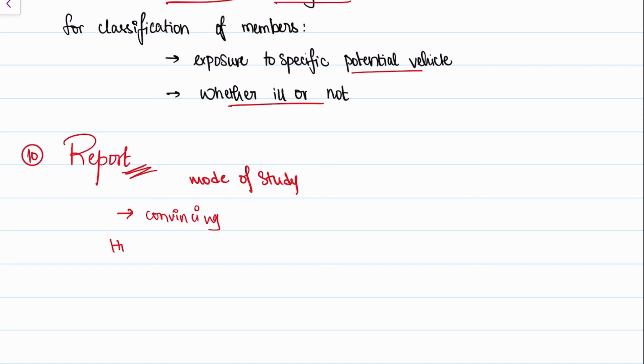It must give historical data, the method of investigation, and then the analysis of data: clinical data, all the signs and symptoms, epidemiological data, that is time of occurrence, place, population, mode of transmission, laboratory data, and the different control measures that have been successful in bringing down the epidemic. So the report should summarize your whole investigation and give a clear-cut idea about the epidemic and its prevention.